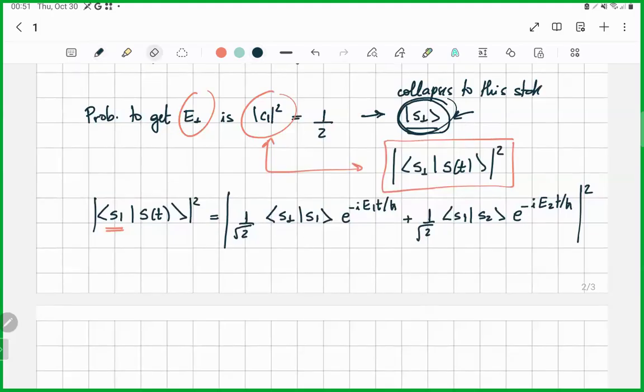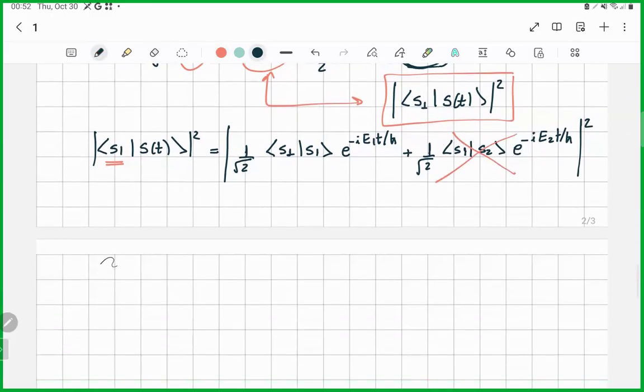Now, have a closer look at what we wrote here. We said that these eigenfunctions are normalized and they are orthogonal, which means this is gone. Well, so absolute value square of this inner product is only this part.